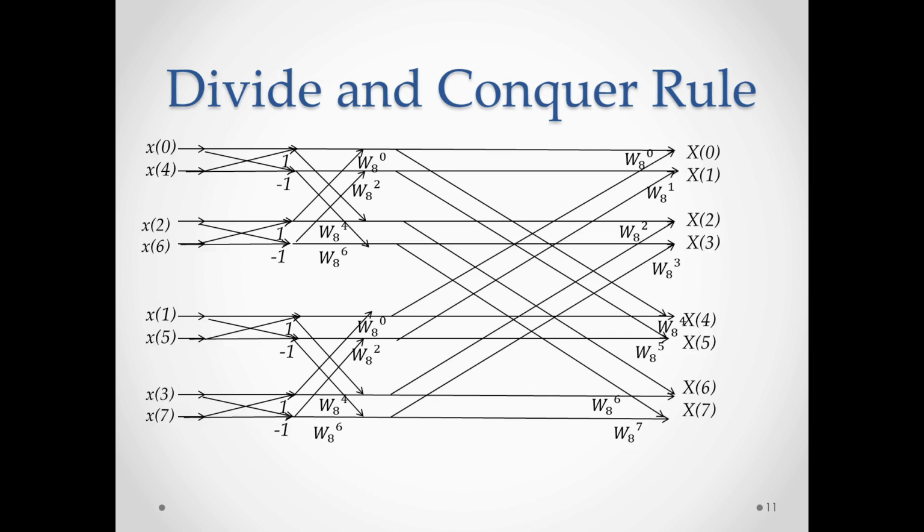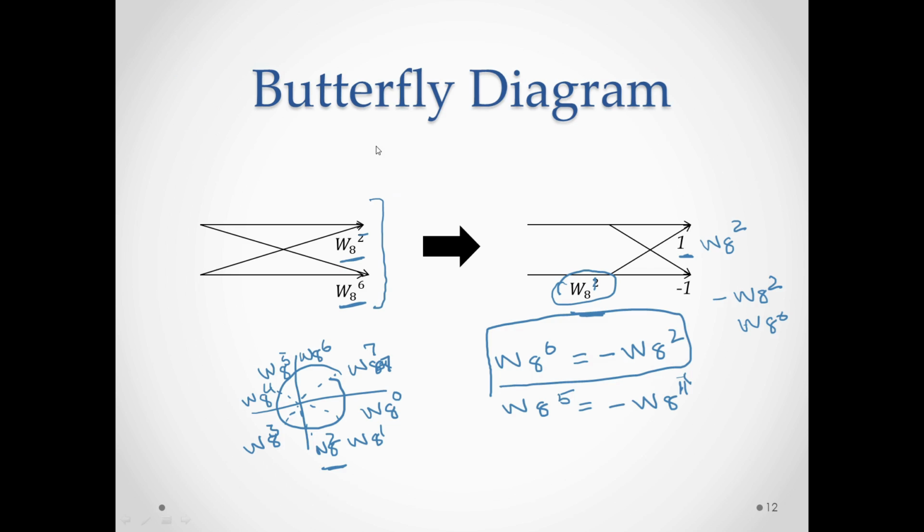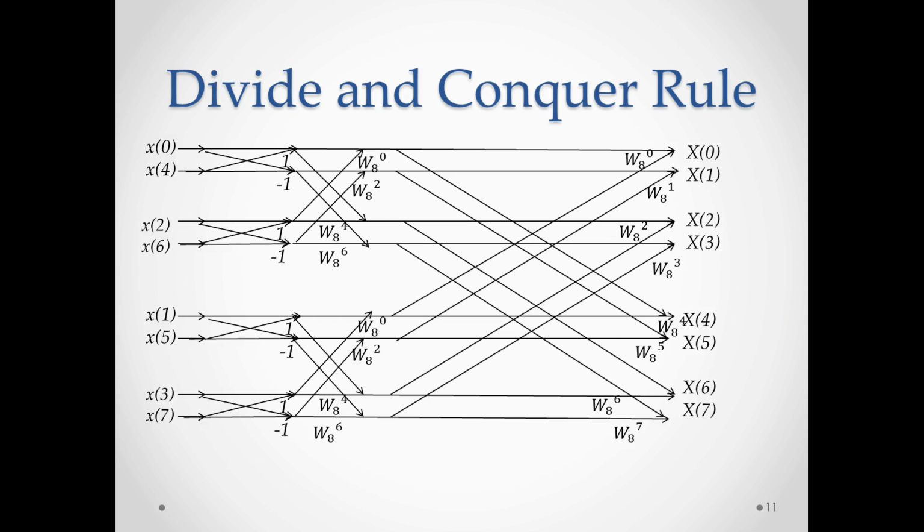Using that, this W82 term and W86 term, both of these terms would be moved back, and this would be +1, and for the negative, we will get -1 over here.